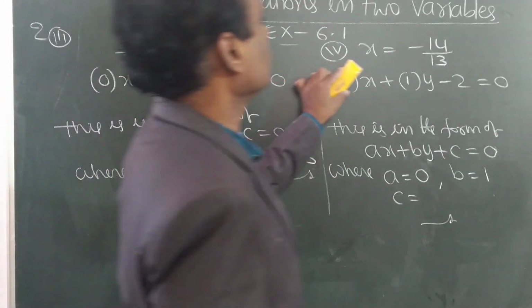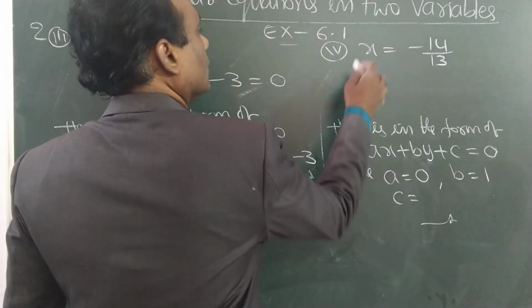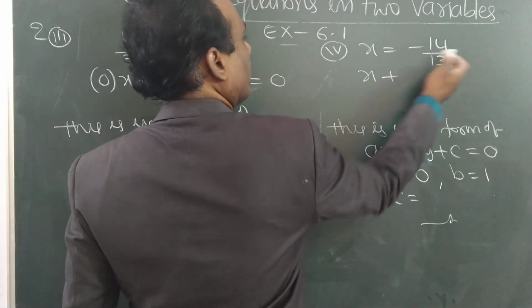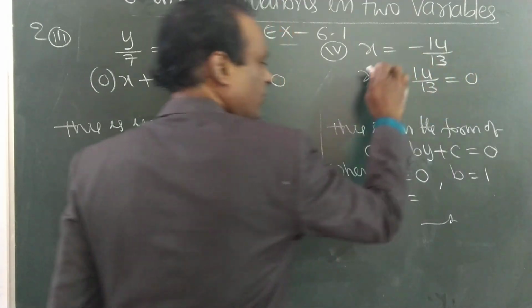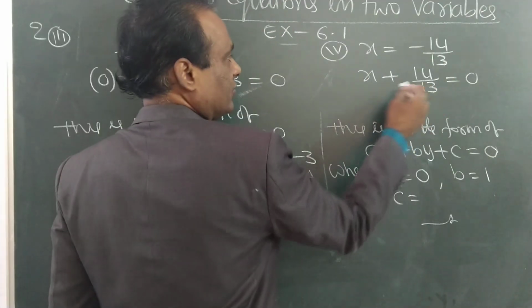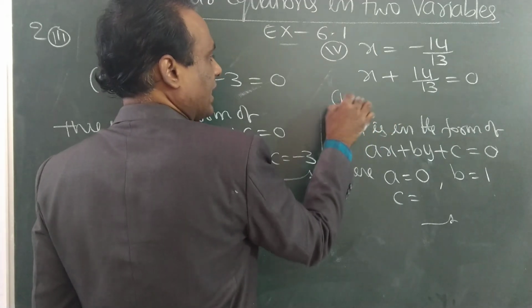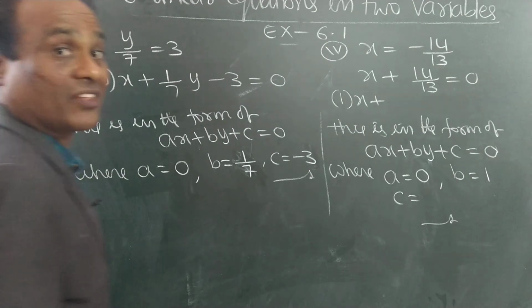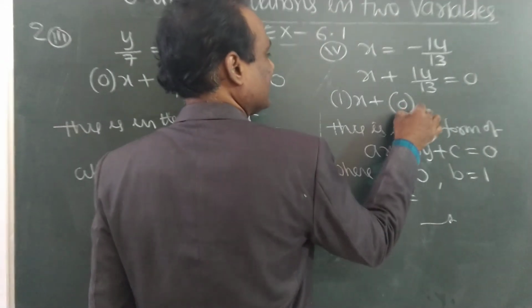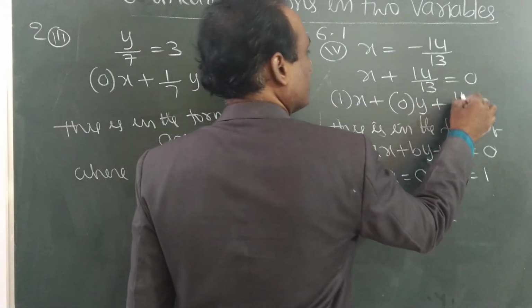Minus 14 by 13 this side becomes plus. So 1x, this is 1x. There is no y, 0y. Plus 14 by 30.